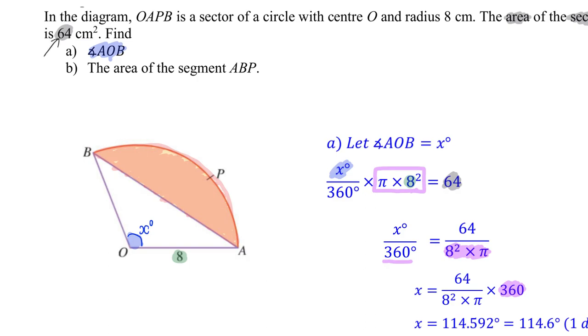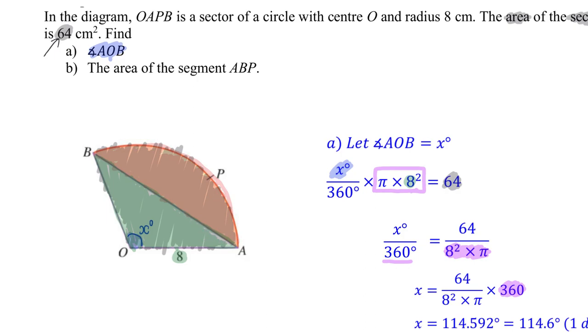The whole sector, which is this whole black color area that I'm shading, is 64. So if I know my green color area of this triangle, then I will be able to get the red color easily, right?